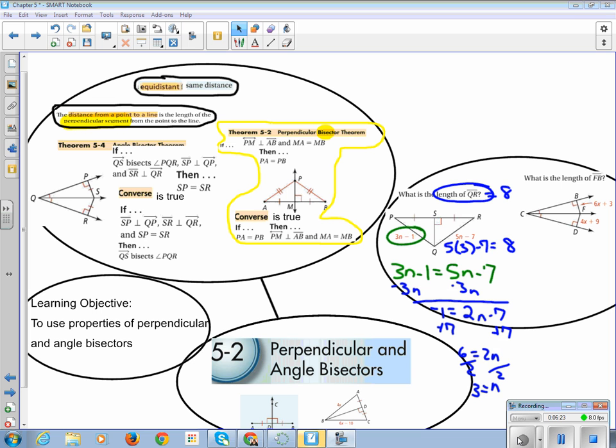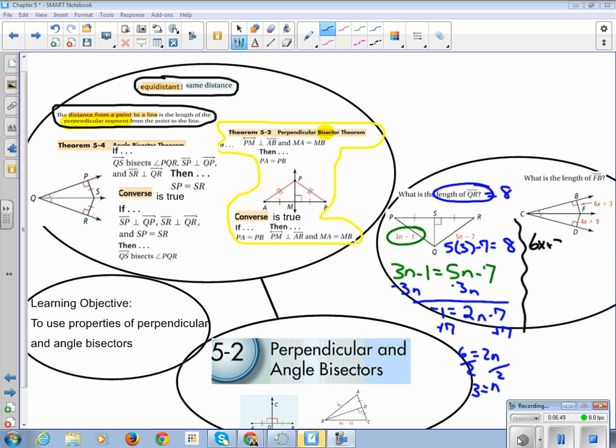So we know that if we have perpendicular lines and that SP is congruent to SR, then so we're here. So we know that these little legs are congruent. So we can say 6x plus 3 is equal to 4x plus 9.